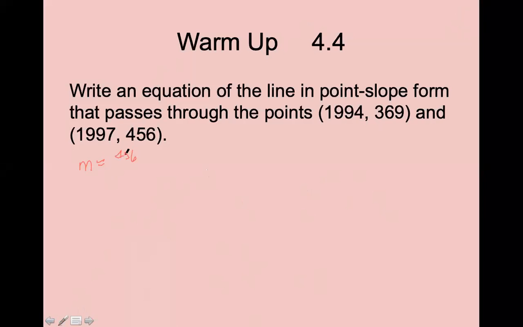So I have 456 minus 369 over 1997 minus 1994. 456 minus 369 is 87, divided by 1997 minus 1994, which is 3, and 87 divided by 3 is 29.